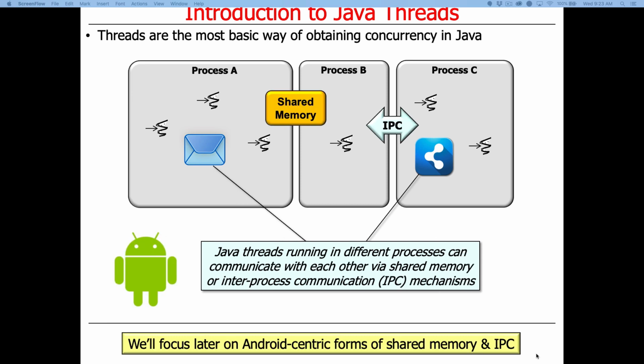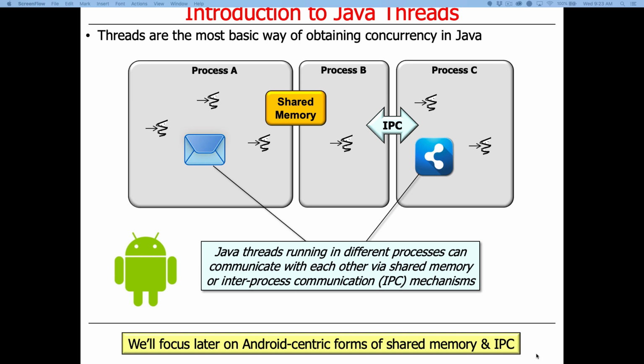If you are in certain environments, then threads in one process can communicate with threads in other processes, either by inter-process communication, or IPC, and/or by shared memory. Inter-process communication, of course, is always there, and there's lots of different mechanisms you have in Java.